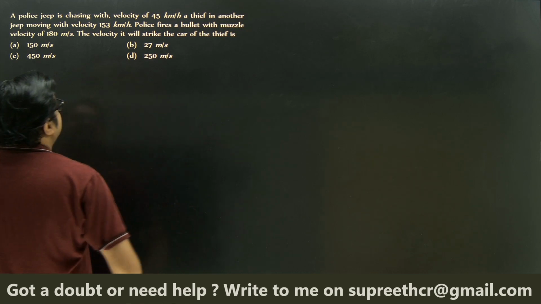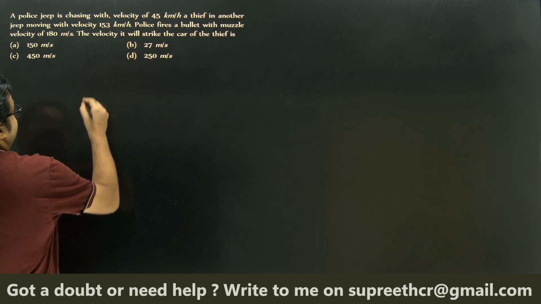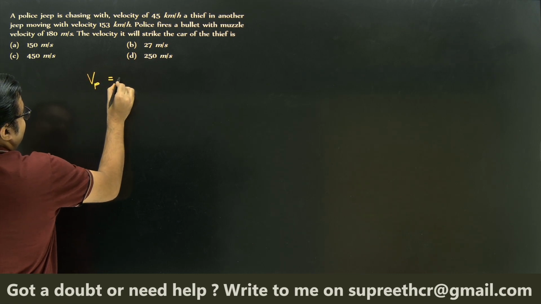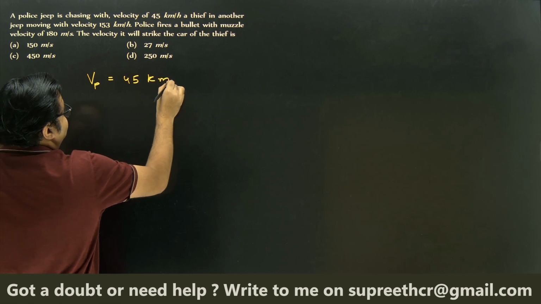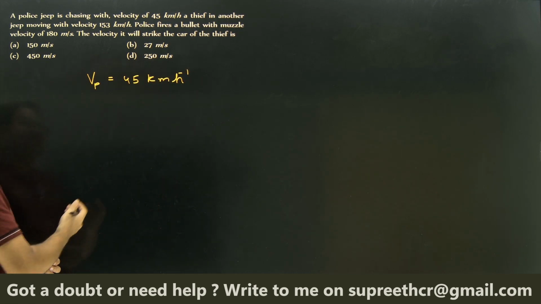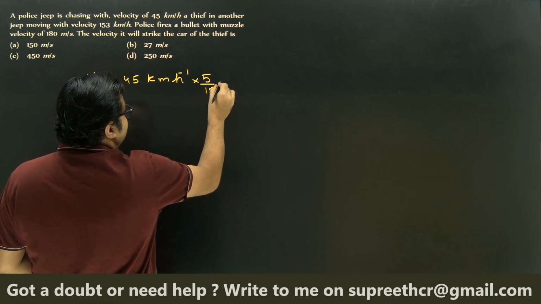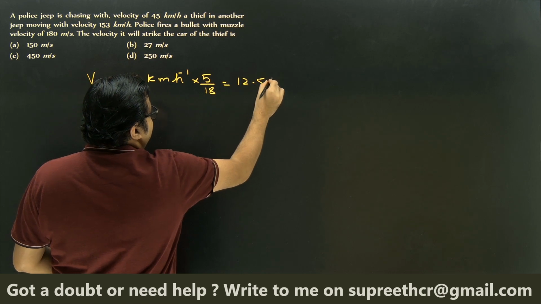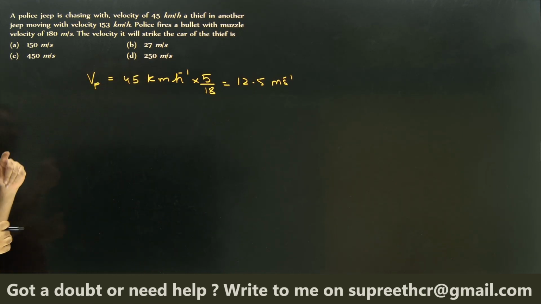A police jeep is chasing with a velocity of 45 kilometer per hour. So here is a police jeep, VP, and that's 45 kilometer per hour, right? If you were to convert this to meter per second, you will have to multiply it by 5 by 18, and you will get 12.5 meter per second.